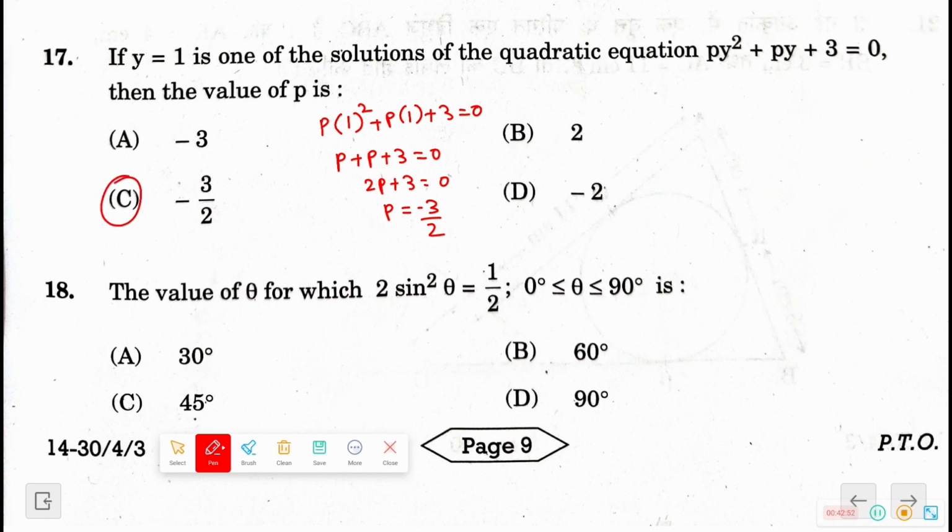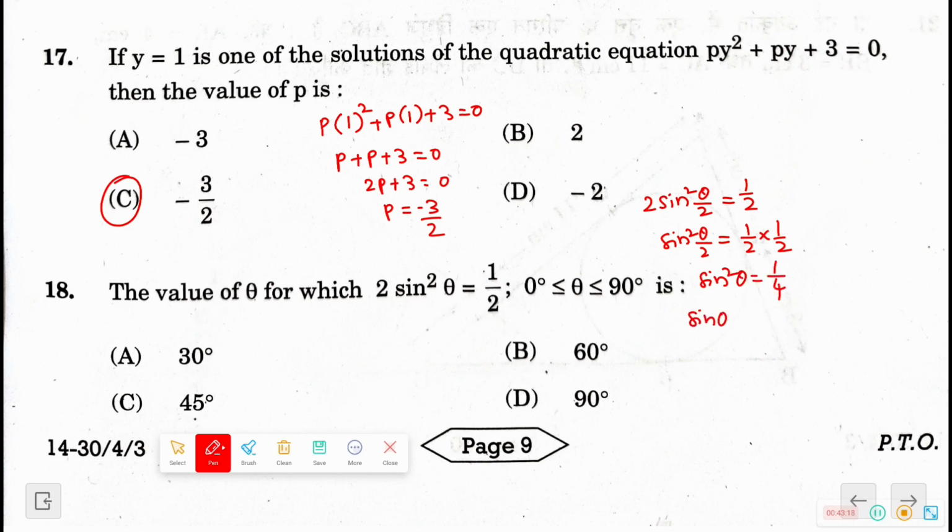Now question number 18. We have to find the value of theta here. 2 sine square theta by 2 is equal to 1 by 2, it is given. So if you transpose 2 to that side, it will be divided. Sine square theta by 2 is equal to 1 by 2 into 1 by 2. Sine square theta by 2 is equal to 1 by 4.